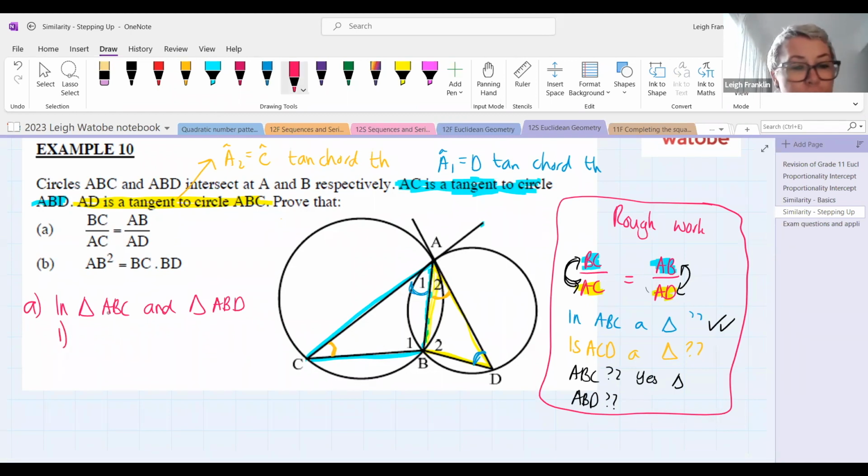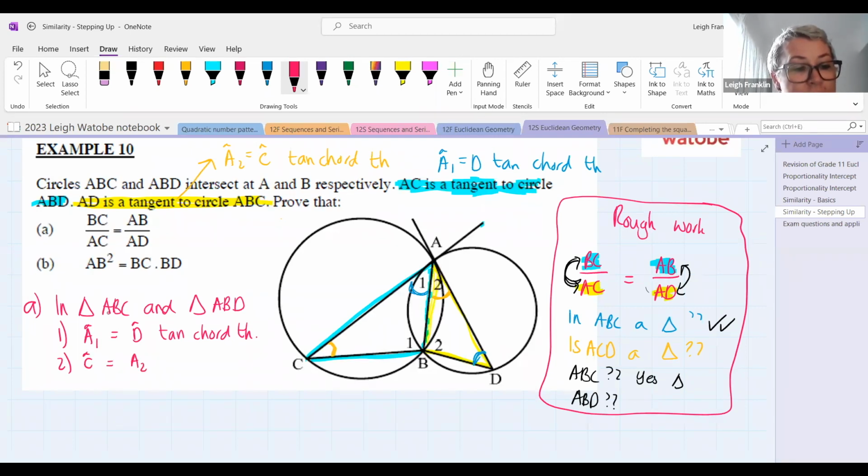So first things first, we know that in triangle ABC, which is the blue one, angle A1 is equal to angle D. Our reason, tan chord theorem, as we said in the beginning. Second reason, we already know as well. So going back to the blue triangle, angle C equaled angle A2.